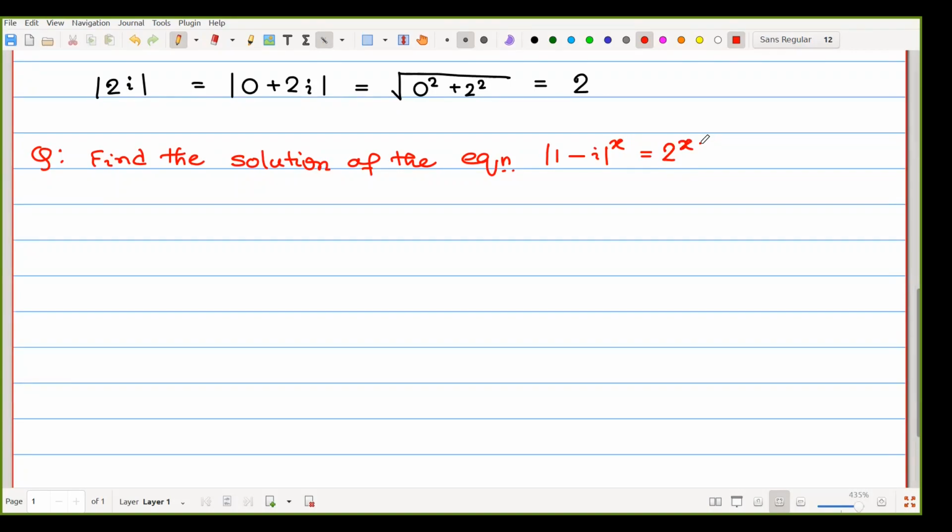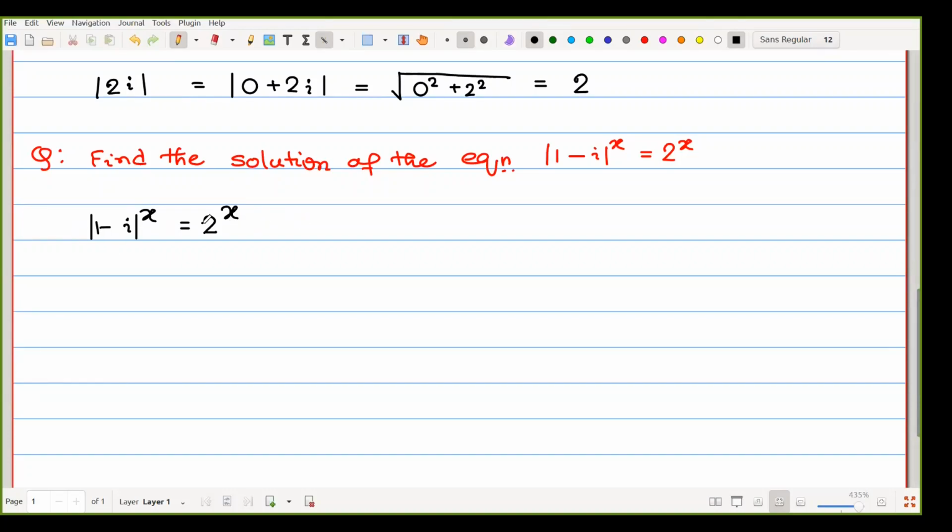So that means we have to mainly find out the value of x. So let's start with 1 minus i, its modulus whole to the power x is equal to 2 to the power x.